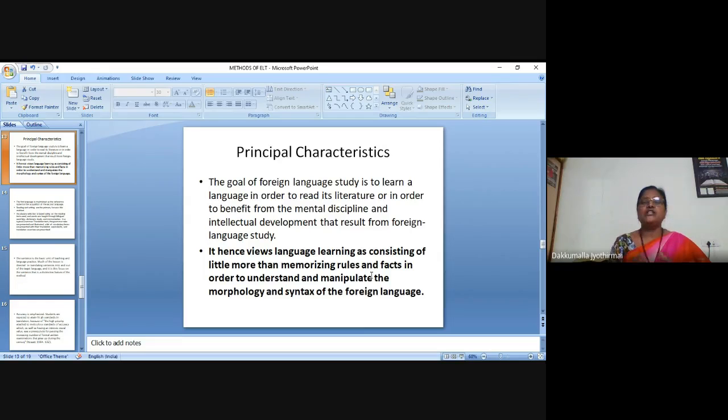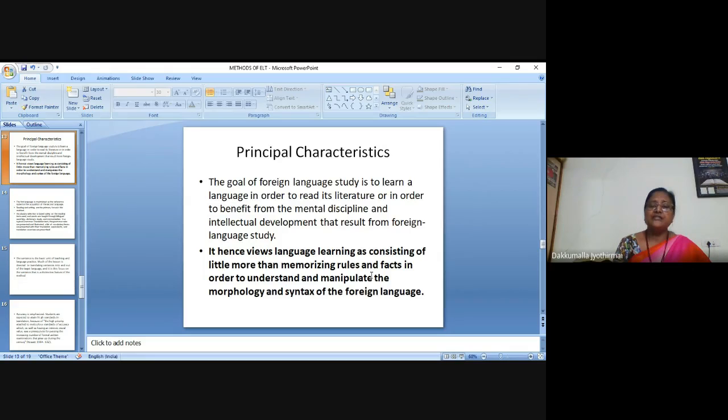It is only to learn the language in order to read its literature. Because of this goal, this method views language learning as consisting of little more than memorizing rules and facts in order to understand and manipulate the morphology and syntax of the foreign language.